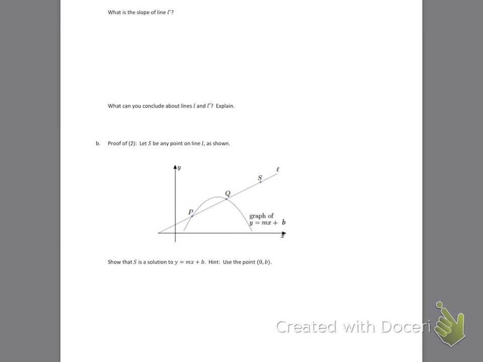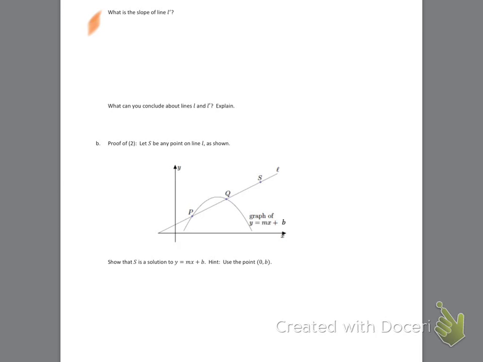Okay, so now we're asked, what is the slope of line L prime? This line that contains the point R. So we know that R is a solution to y equals mx plus b.